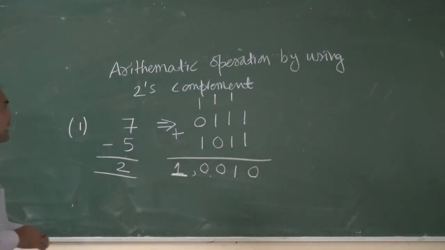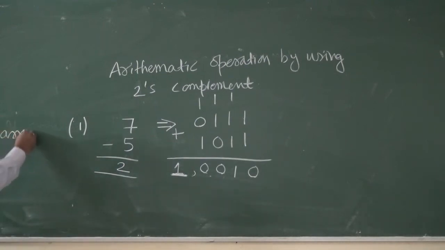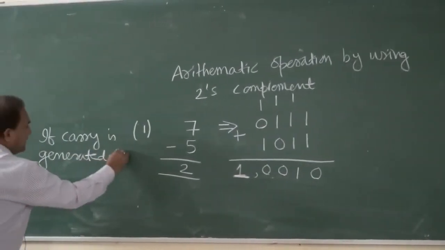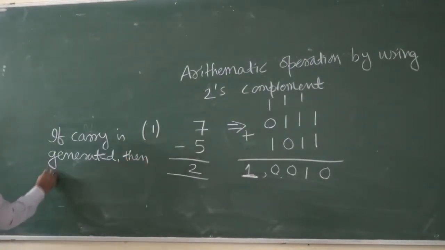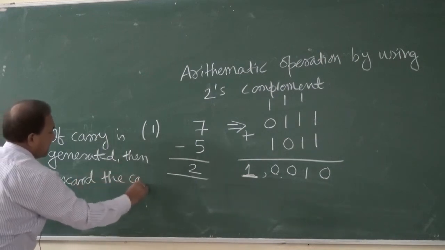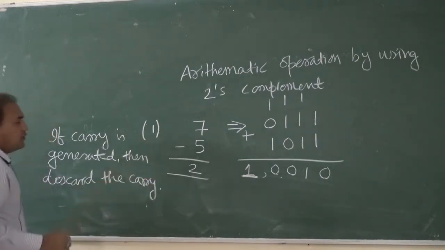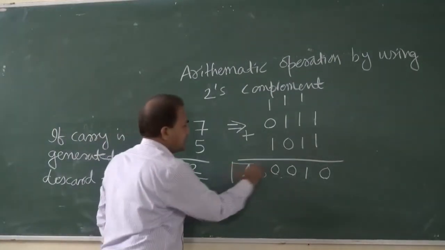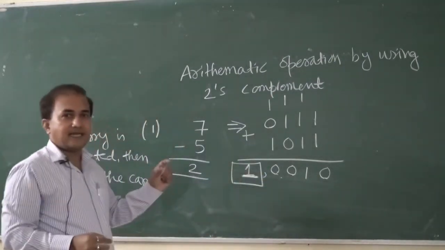Then in arithmetic operation by using 2's complement, if carry is generated, then discard the carry. You have to neglect this carry. You have to remove this carry.